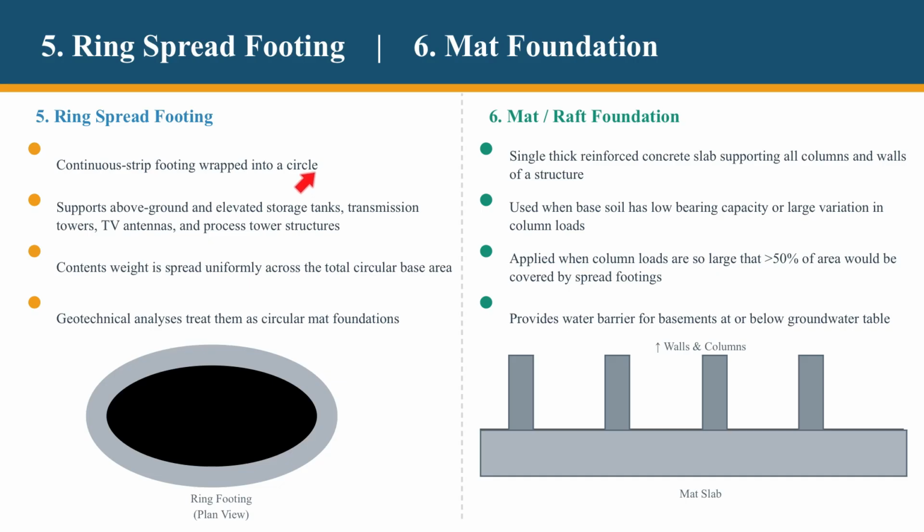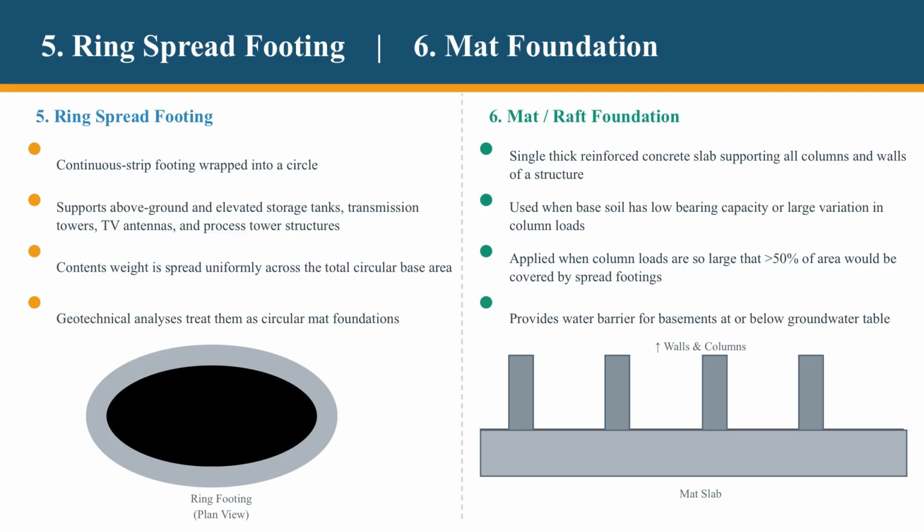It is provided for structures whose shape is in the form of a circle, like ground or elevated storage tanks, transmission towers, TV antennas, and process tower structures also, because these structures have the shape of a circle itself.